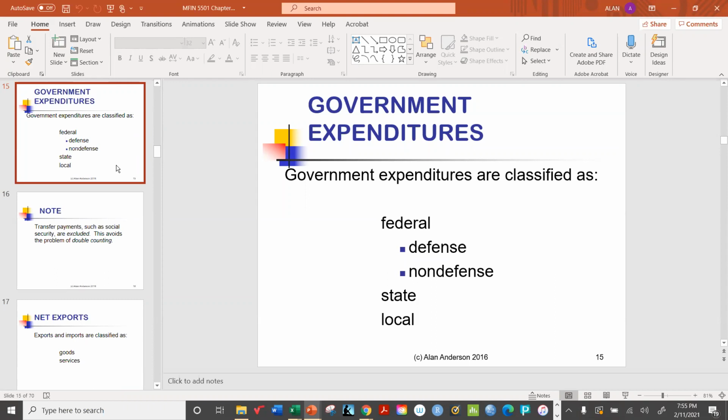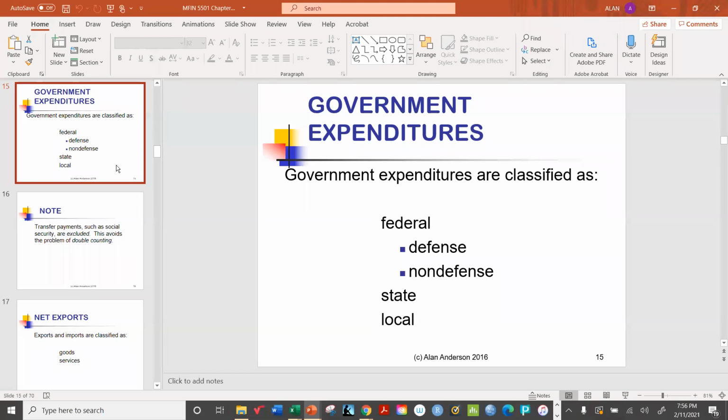No, nobody knows? Okay, what about Social Security? If the government sends you a check for Social Security, are they buying something? No, they're basically just transferring money from one part of the government to your pocket.